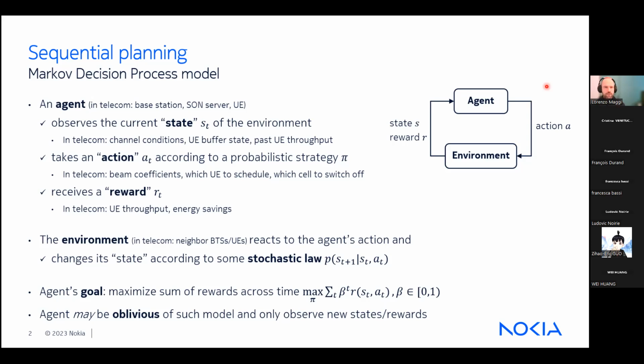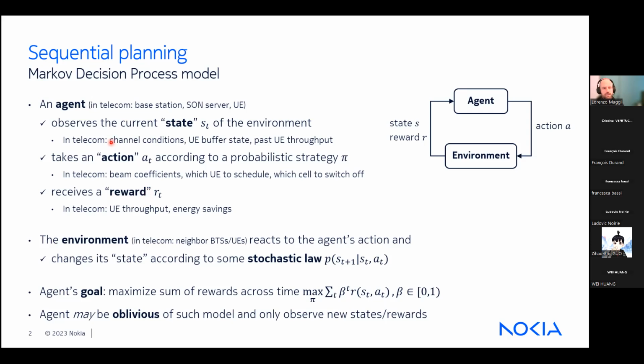But in order to set the stage, an MDP, Markov decision process, is basically an interaction between an agent, which controls and optimizes, and the environment that we observe and interact with. The agent basically observes two things: the state of the environment and the reward the environment gives to him or her.